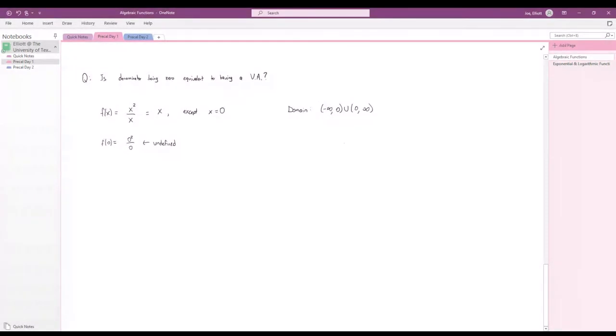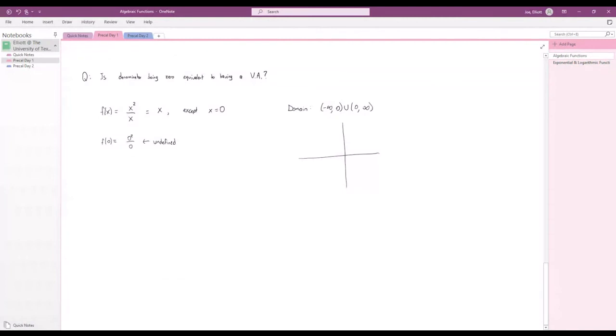And if I were to draw a graph of this function, yes, good question. It is true even after we simplify it to x, because this simplification is only good for values of x which are not equal to 0. But it's still the case that when x equals 0, you would be dividing by 0. So in that sense, 0 is still not in the domain.